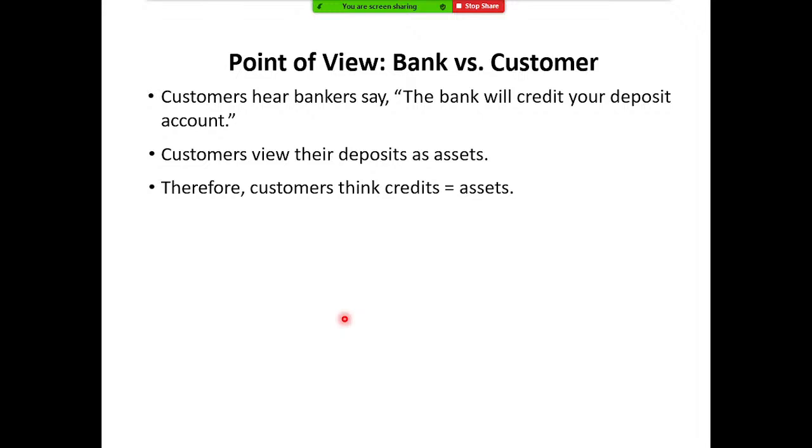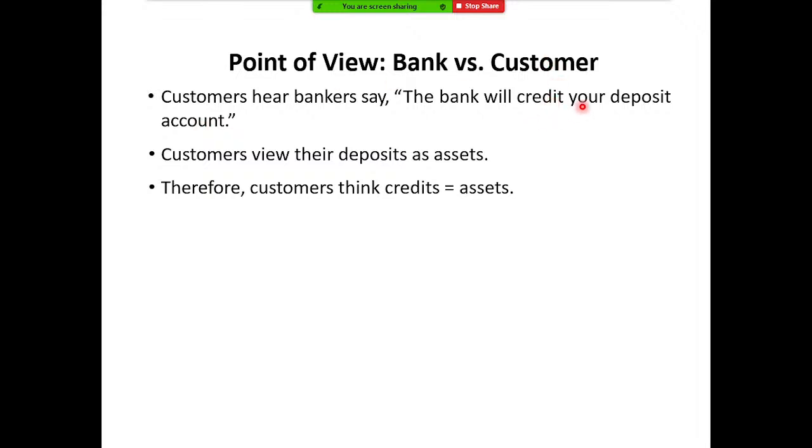Why credited? From the bank's point of view, it's a liability, so that's why they call it credited. From the bank's point of view, our deposit is a loan to the bank, so it's a liability, and therefore the bank treats it as a liability.